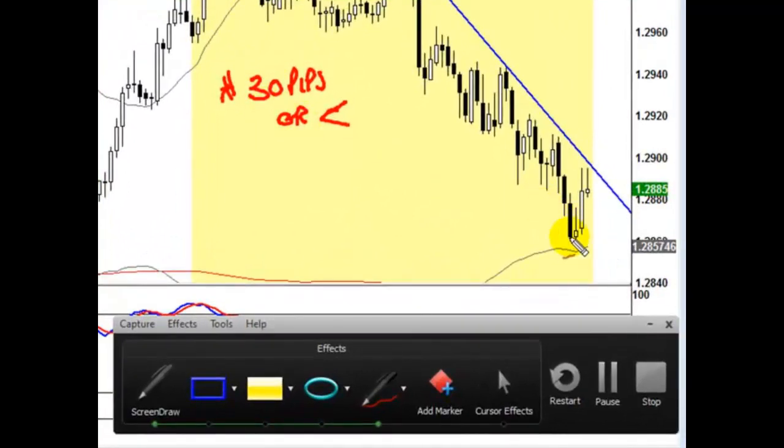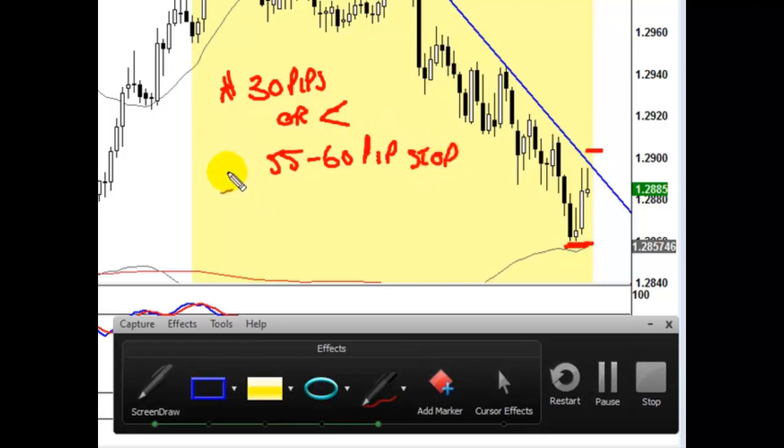Now, we know where we have to put the stop loss because it's got to go on the other side or below the reversal candle, the reversal pattern. And we know where the entry is going to be once we get it, which in this case, if it did go up, it would probably be 29.05. We know the stop loss has got to be at 28.55, so that's a 55 to 60 pip stop, and that's no good.